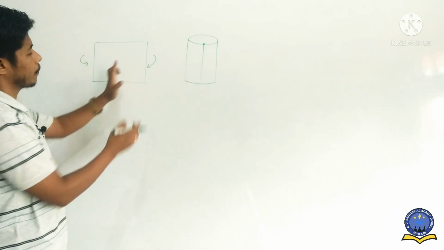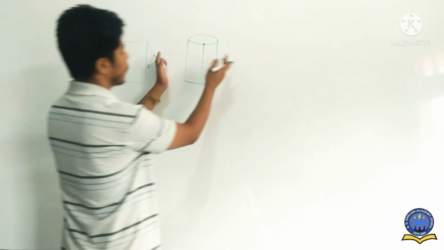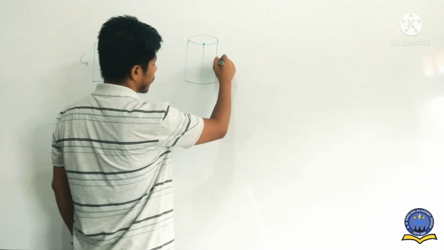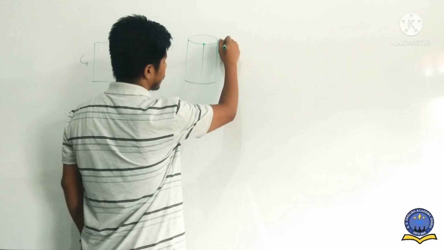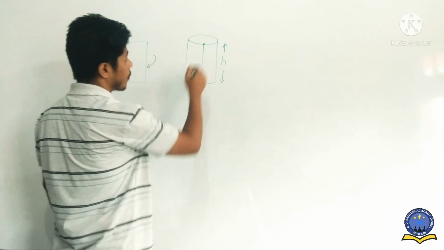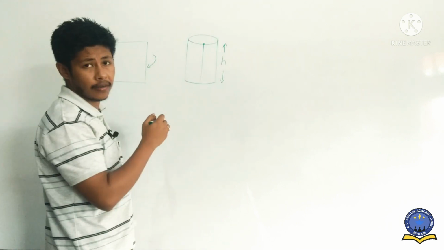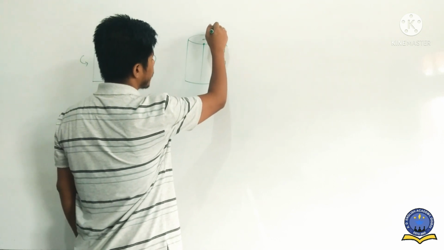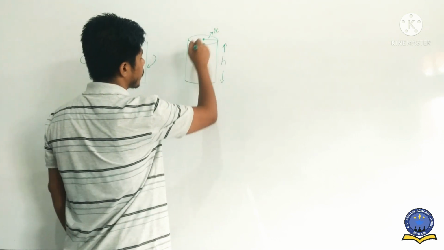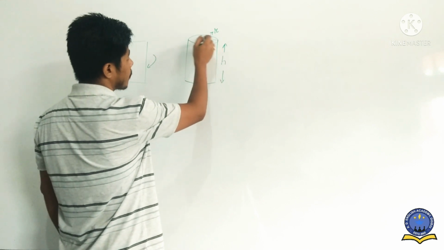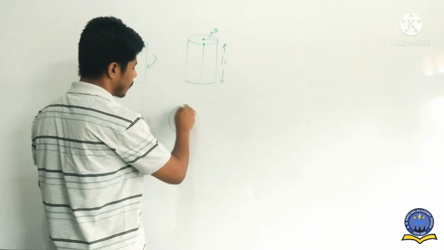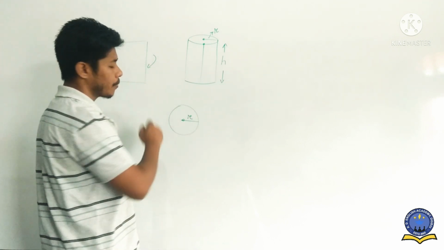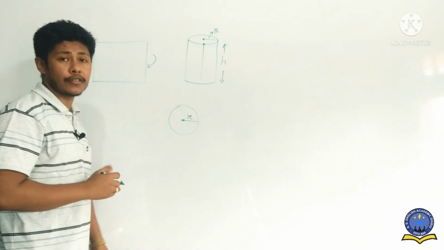Whatever the height is, we represent it by h. This one is a circle, and in this circle we consider the radius as r. One thing we know: in the case of a circle, if this is the radius, what is the perimeter or circumference of this circle?